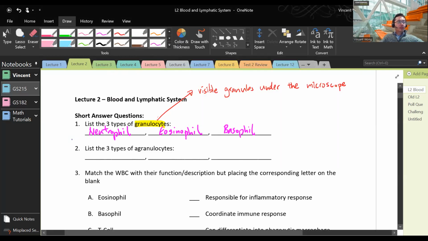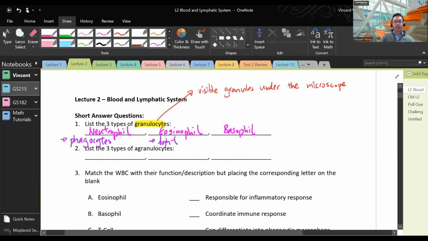The neutrophils are the most abundant granulocytes. Roughly 70% of your white cells are neutrophils, and they are also considered a type of phagocyte. They go around and basically eat things up that are not supposed to be there. Eosinophils, on the other hand, are responsible for secreting chemicals to fight off parasitic infection.